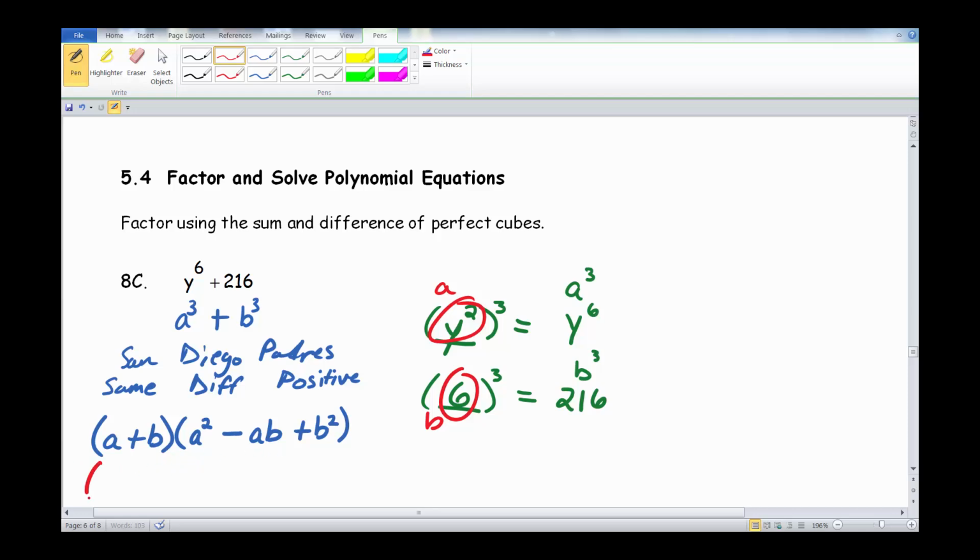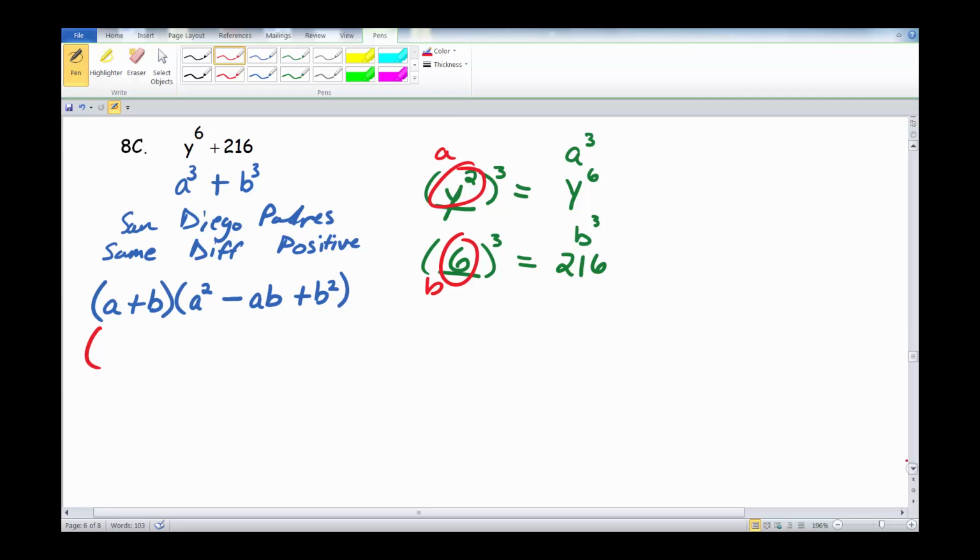So we have our a, y squared, plus our b, here is 6, times our a being squared, so that's y squared. That is our a variable, according to the formula, and that a is being squared.